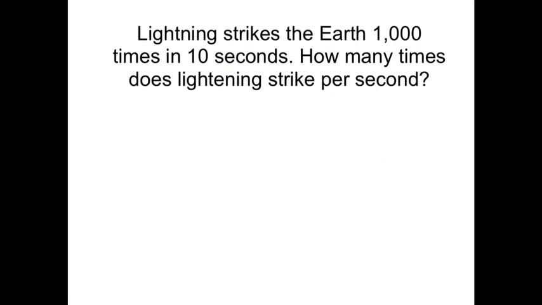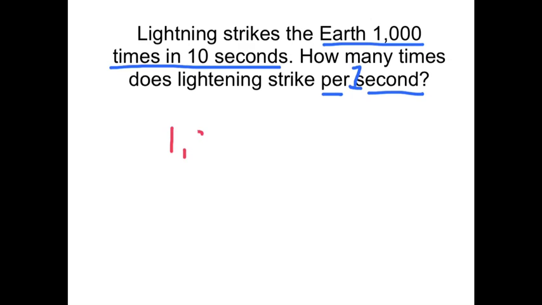Here's another word problem. Lightning strikes the earth 1,000 times in 10 seconds. How many times does lightning strike per second? And when you see the word per second, that means per 1 second. So in 1 second. Well, let's start by writing a rate.